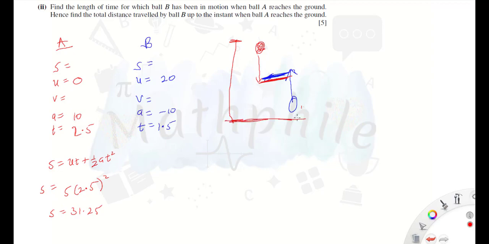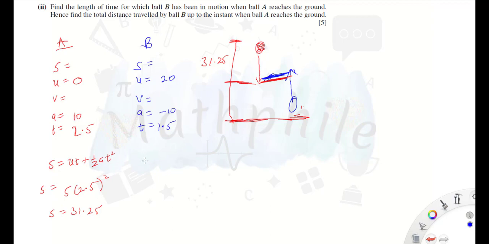If there's a tower, they met at a point when the red ball has traveled 31.25 meters. So let's find the distance traveled by the blue ball, ball B. That gives us the distance from the ground to their meeting point, while from the top to the meeting point the red ball gives us 31.25.